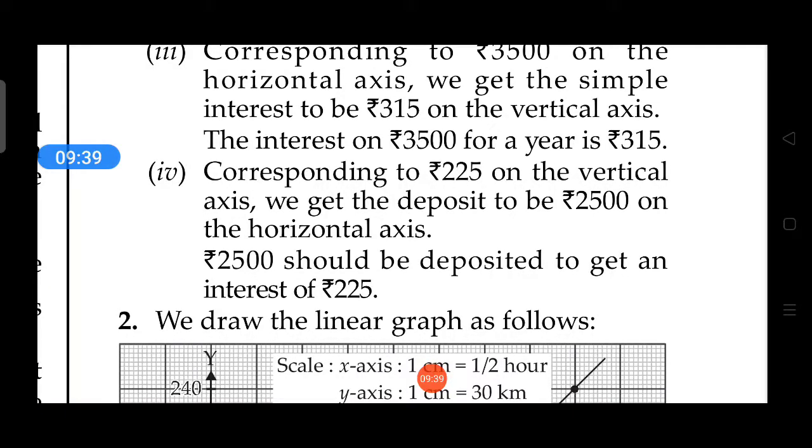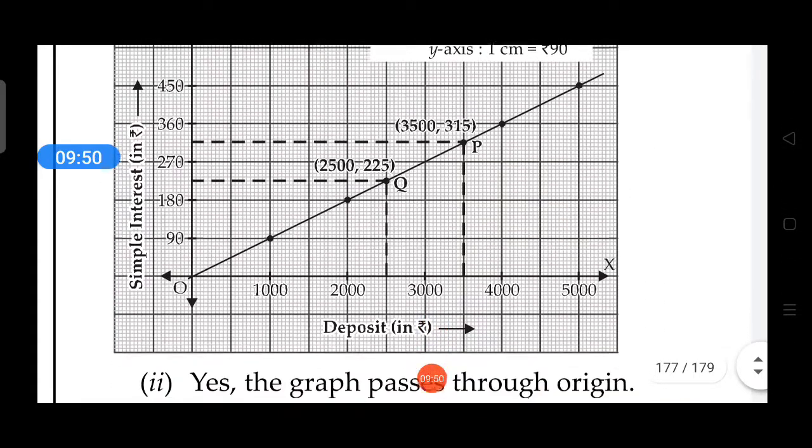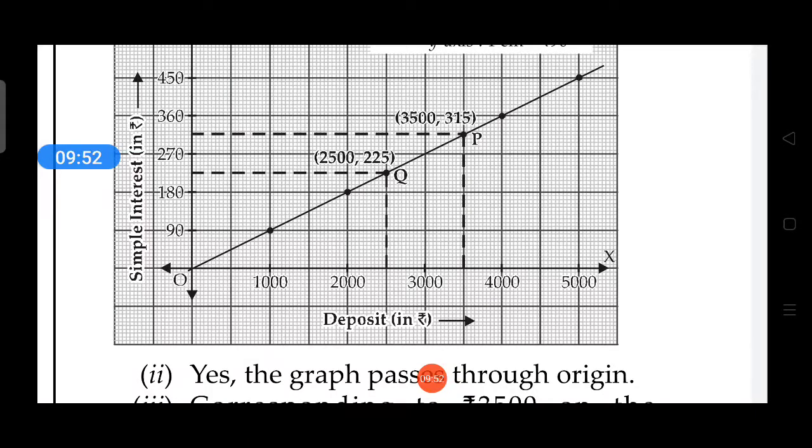So money should be deposited, that is 2500. Okay, so those two points you can see, 2500 at the Q point, and the P point is the answer of third, and the Q point is the answer of 4.